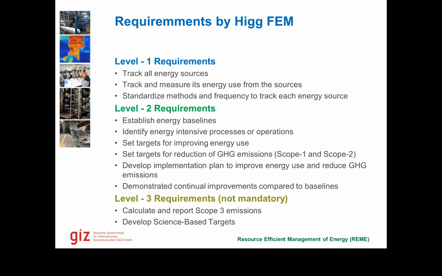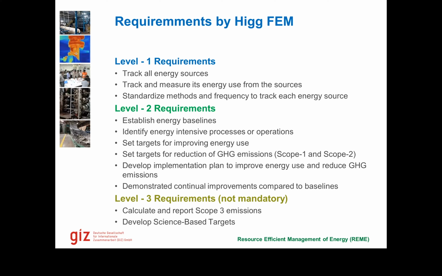In the case of energy, level 3 already opens along with level 2, because level 3 is not mandatory, but they can obviously take it step by step. But if they have not completed level 1, it is usually logically not really possible to complete level 2, because if they are not tracking their energy sources and their energy uses, they are not able to comply with the first requirement of level 2, that is, establish baselines or identify energy intensive processes or operations.